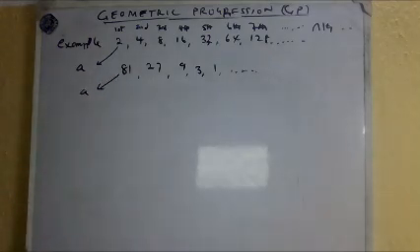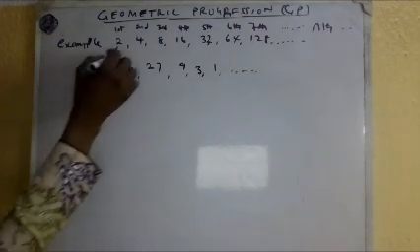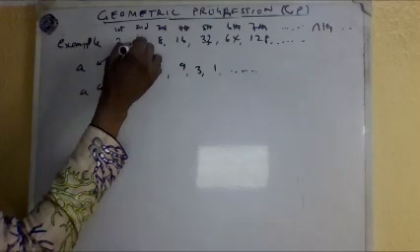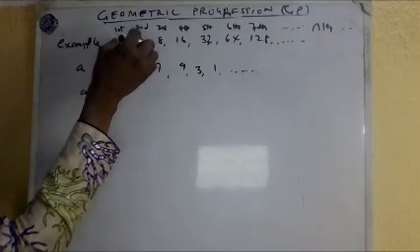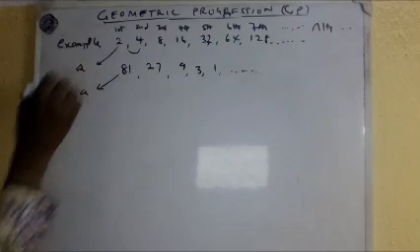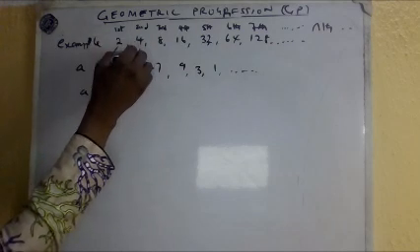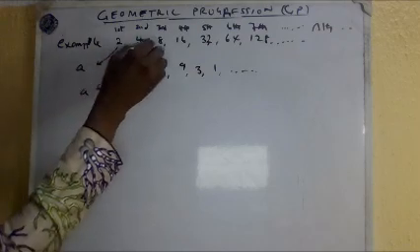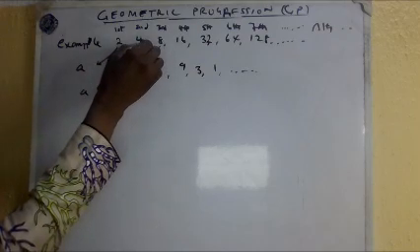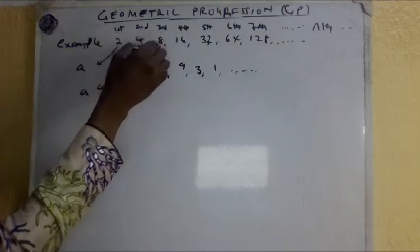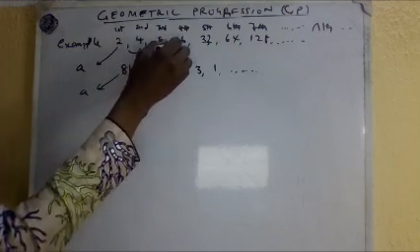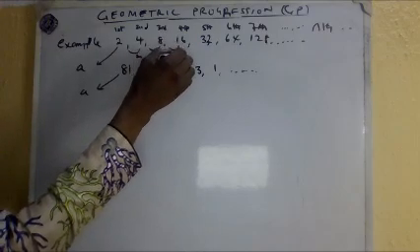The common ratio, R, is defined as the constant number that comes from the division of a particular number by its preceding number. So if I divide 4 by 2, I get 2. If I divide 8 by 4, because 4 precedes 8, I get 2. If I divide 16 by 8, I get 2, and so on.